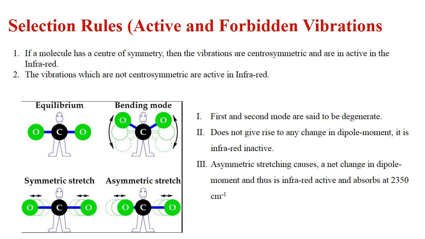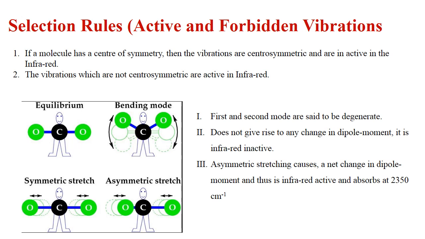So for calculating the vibrational degree of freedom for a molecule of carbon dioxide, we use the formula 3n minus 5, which is 3 multiplied by n, your 3, minus 5. So 3 multiplied by 3 is 9, minus 5, that is 4.